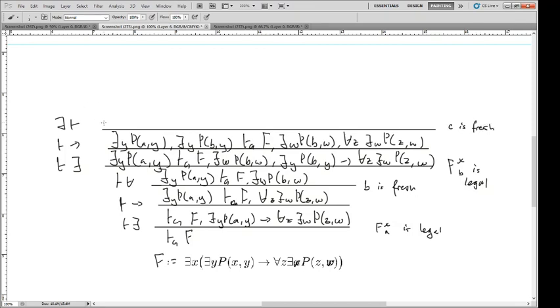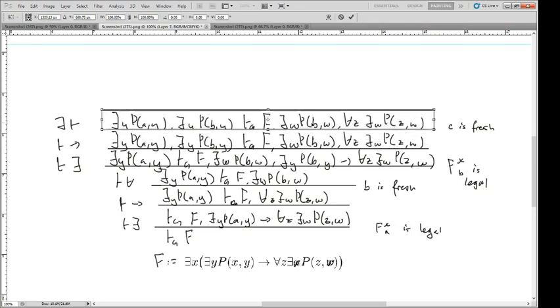So, you know what? I'm just going to copy this line here because it's quite long. Same thing.